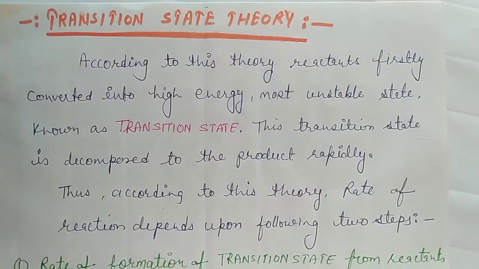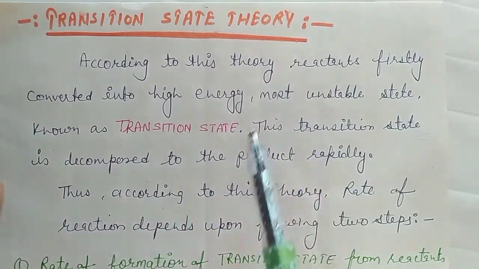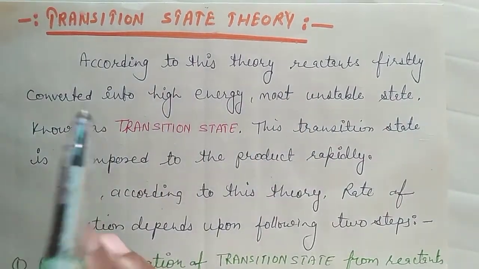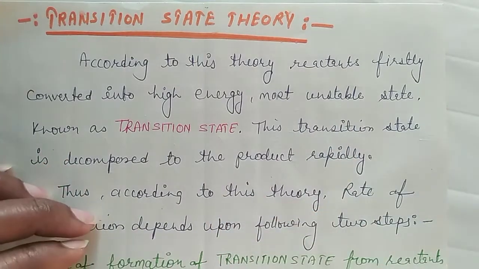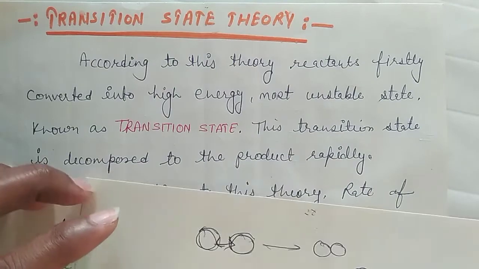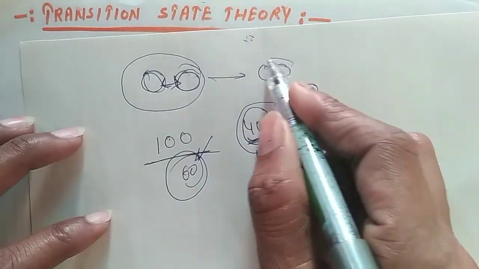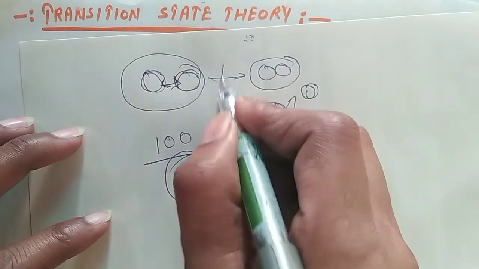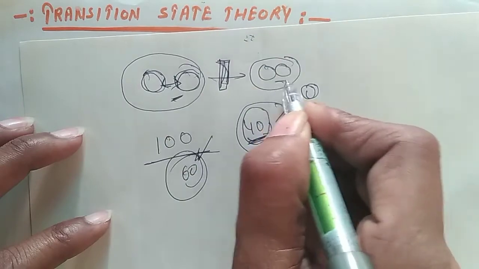Okay. The second theory is transition state theory. Transition state theory says that when reactant molecules are converting into product molecules, then an intermediate is formed. These are the reactants and these are converting into products. There should be an intermediate between the reactant and product.